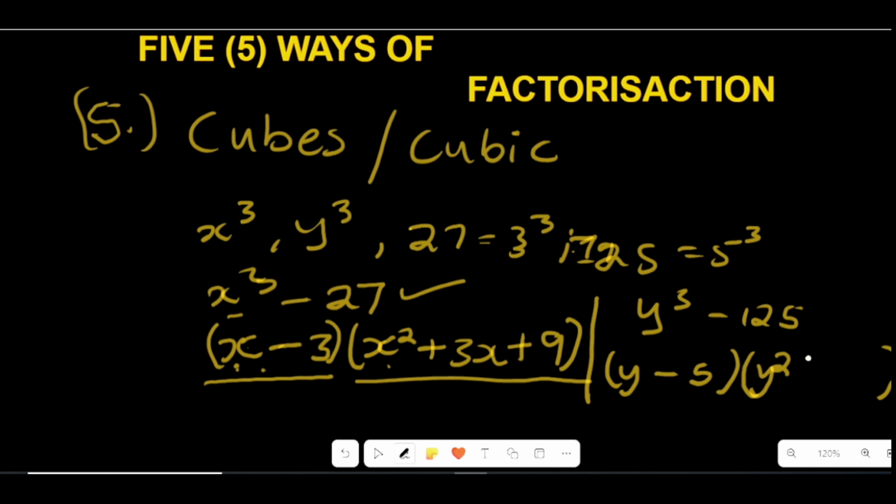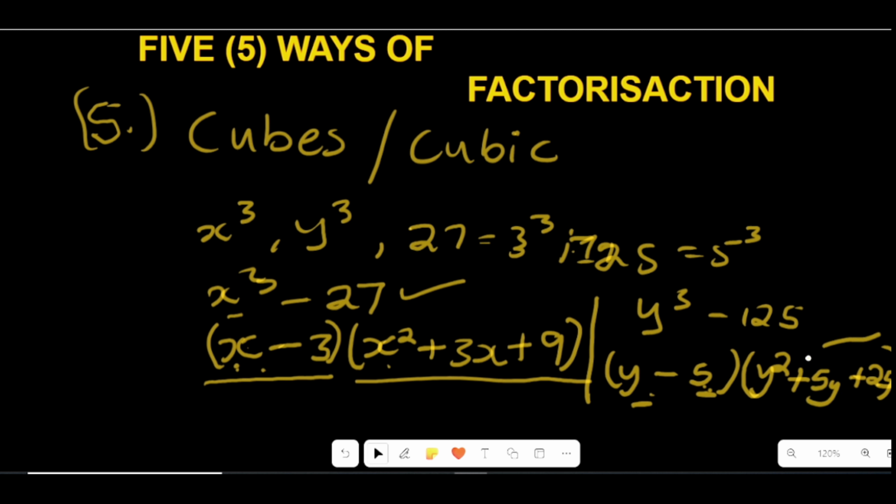It's going to be y squared, and then for the last factor, you change the sign, you can just say plus, and then 25. 5 times what will give us 125? 5 times 25 gives us 125. For the middle term, this term times that one, you change the sign, 5y.